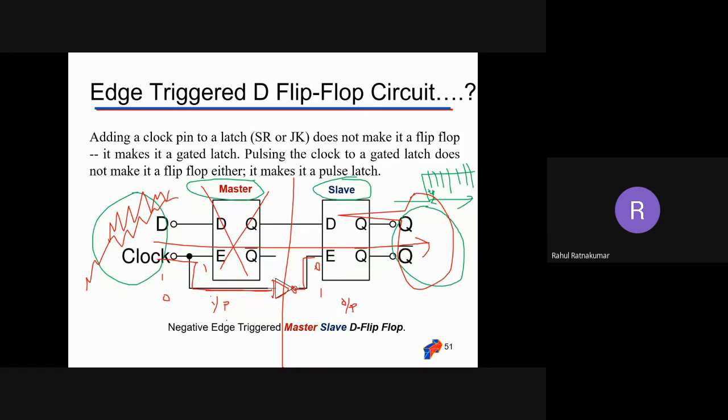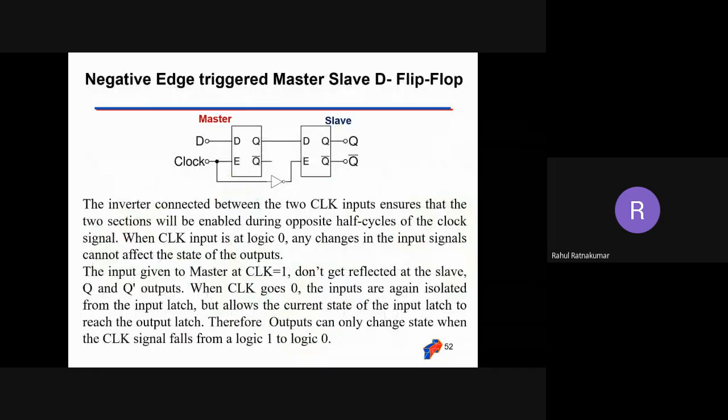But if you divide the circuit into master and slave, with the master part activating on the positive level and the slave part activating on the negative level, it becomes a flip flop.